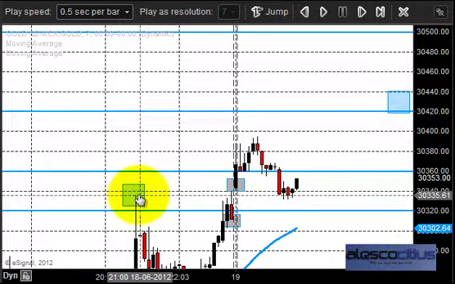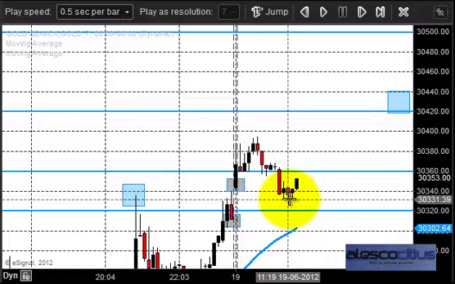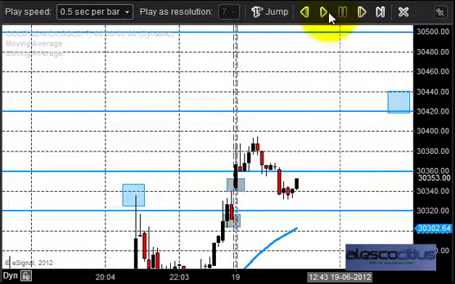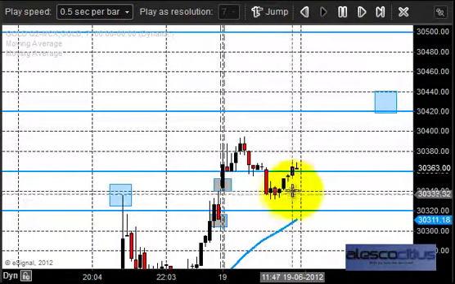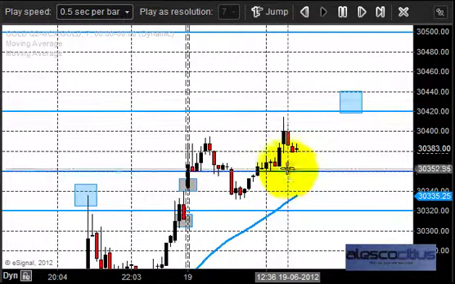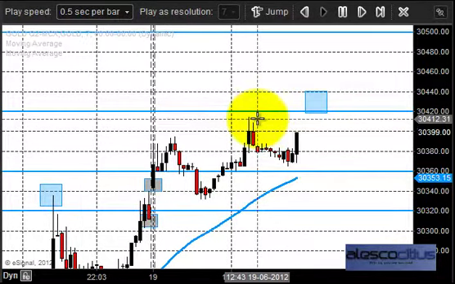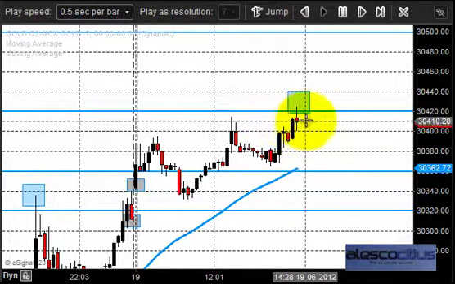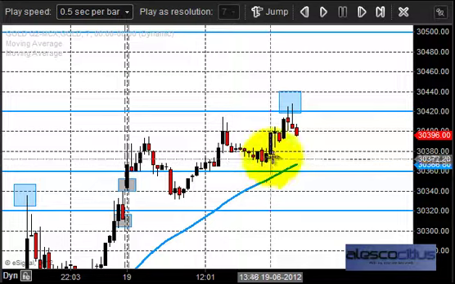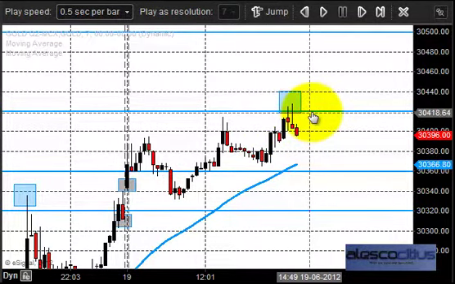This is the previous day high, which is always indicated with a blue box. The market is trying to take some support near the previous day's high, and it was quite successful in consolidating and staying above 30,360, and also in reaching 30,420, the key zone where we expected some good selling.